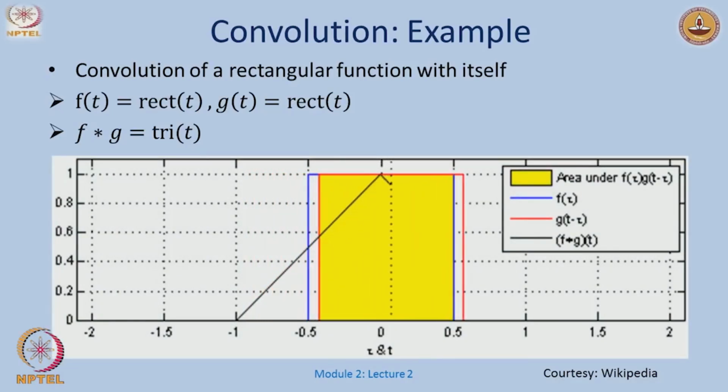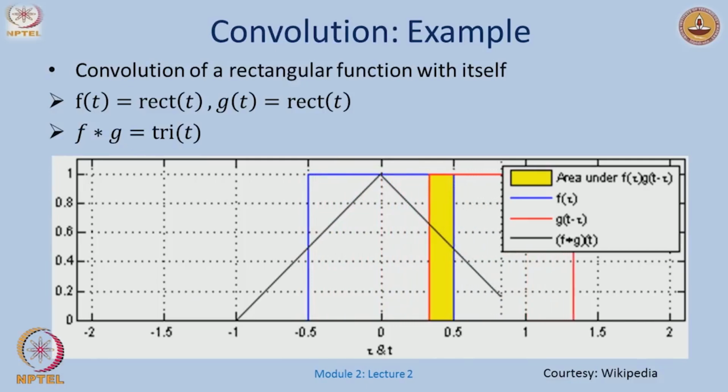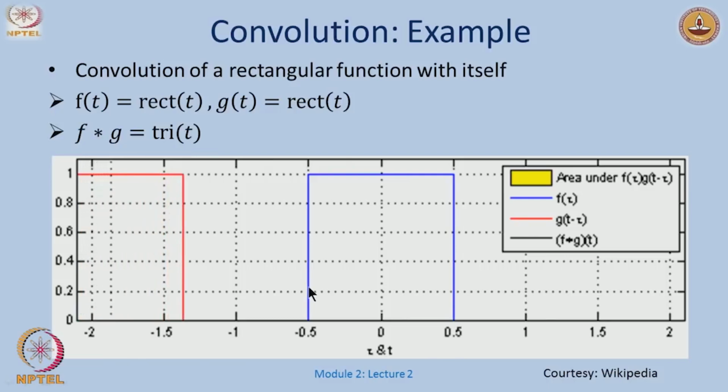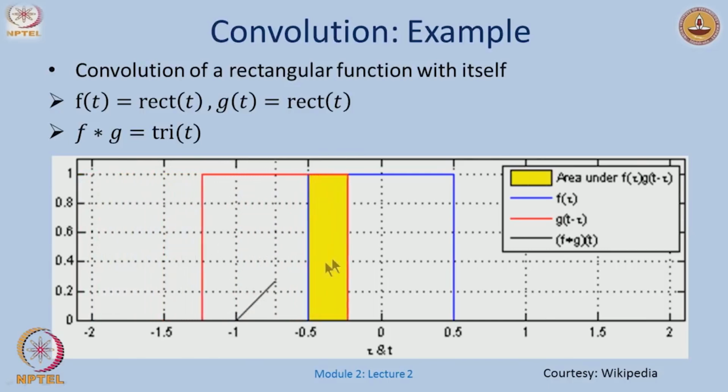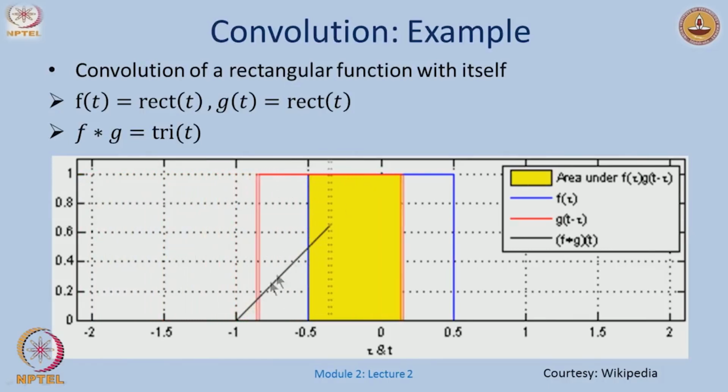Okay. So, let us see, I hope it will play again. This video is directly taken from Wikipedia, so thanks to Wikipedia for making life a little easier for us. You see this is one rectangular signal convolving with this red one, and the yellow part is the area being computed here.